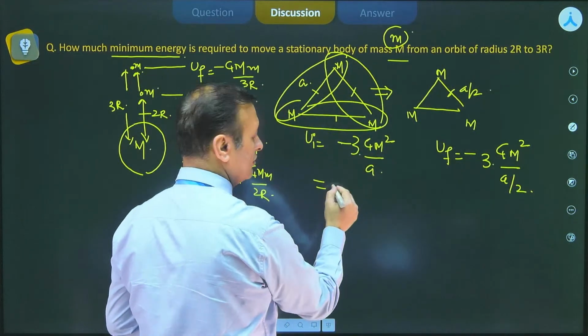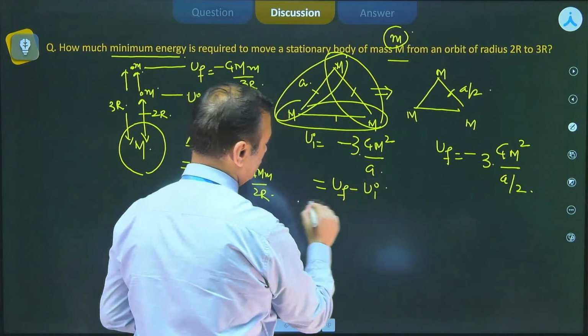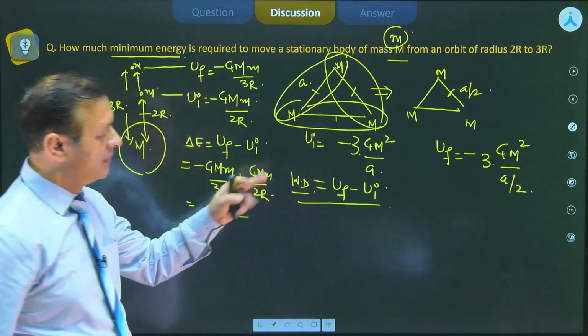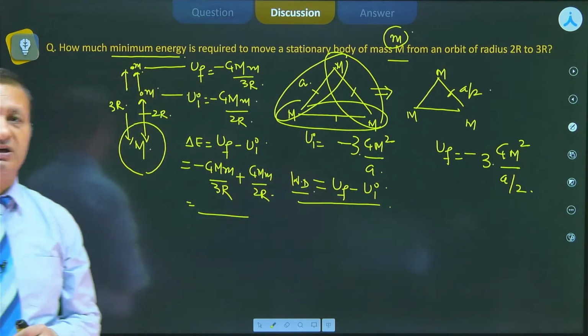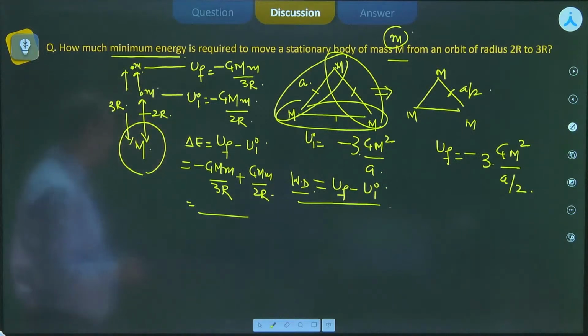For the change, the energy required is U final minus U initial. This is the work done in bringing about this change. Just by putting in the values, you can get the answer. Got it? Any doubt?